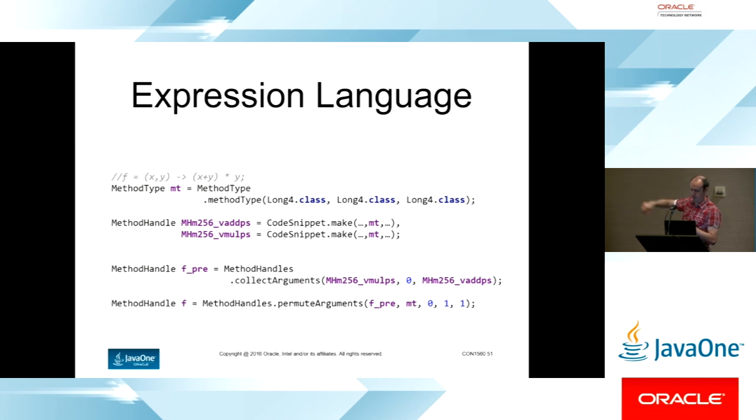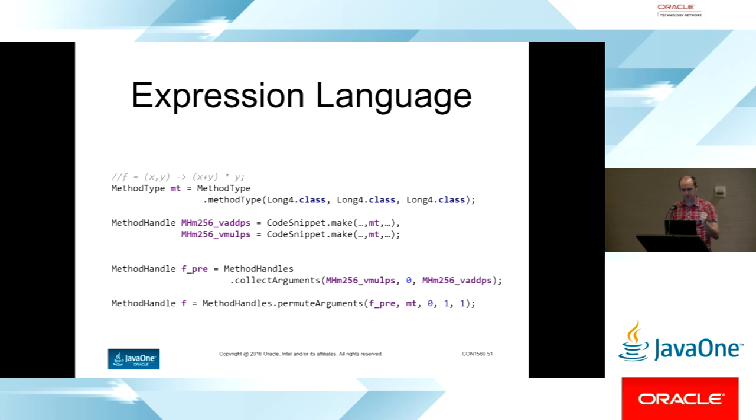So say you have a function up here. Laser pointer, right here. Okay, so see this right here. Say we have a lambda we want to implement, but we want to do it with method handles, and we want to do it in a vectorized form. So we take these two, we specify our method type, and then we instantiate our code snippets, and then we use collect arguments to merge these together.